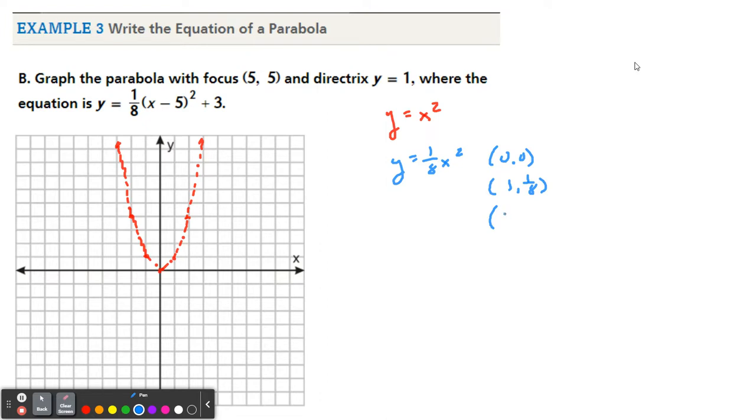So I know that if I plug in 4, 4 squared is 16, and 1/8 of 16 is 2. So 0, 0, 1 and 1/8, and then 4, 2. I'll do the same thing on the left-hand side. There is symmetry about these parabolas. So 1, 2, 3, 4, 1, 2. And now here's that one. And again, I'll try to do it dotted.